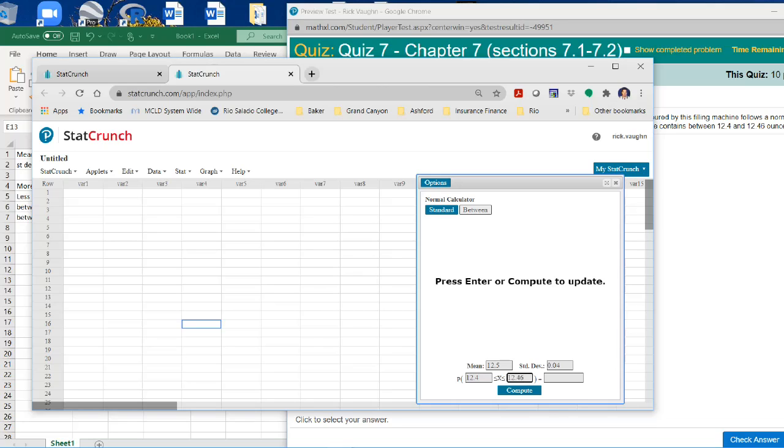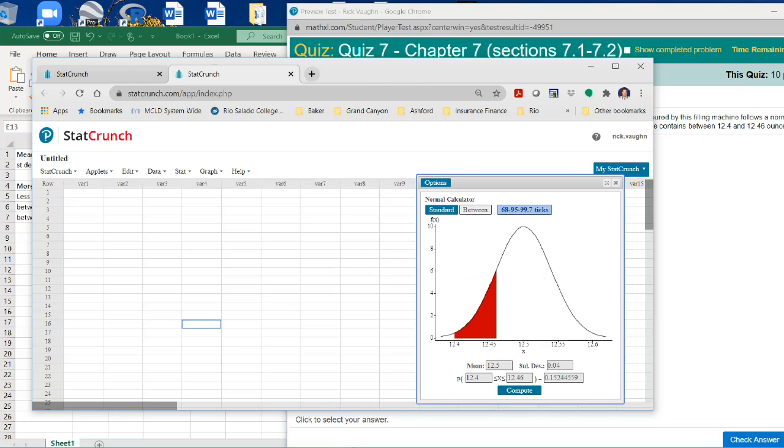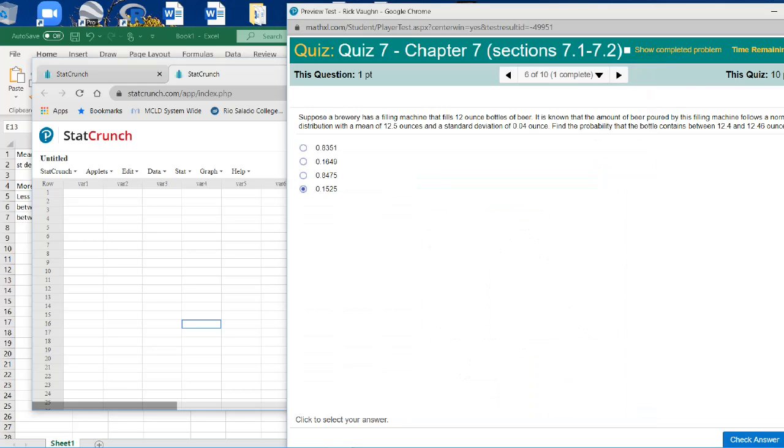And then I'll say compute, and it'll compute the probability for me. It draws a picture, and there's that same 0.1524, which, up to rounding, is going to give us the correct multiple choice response over here.